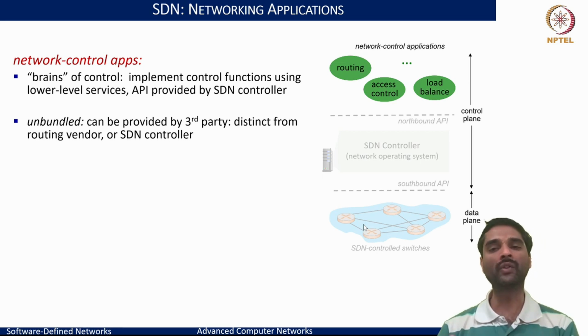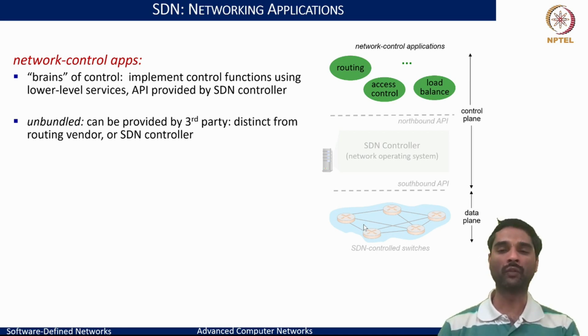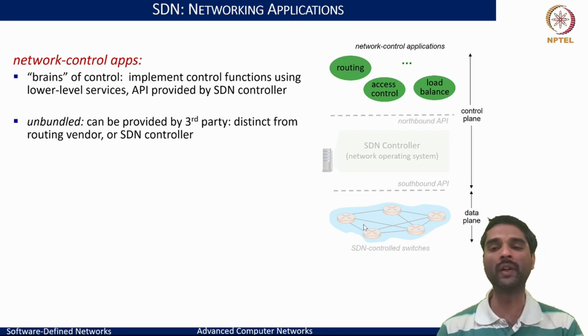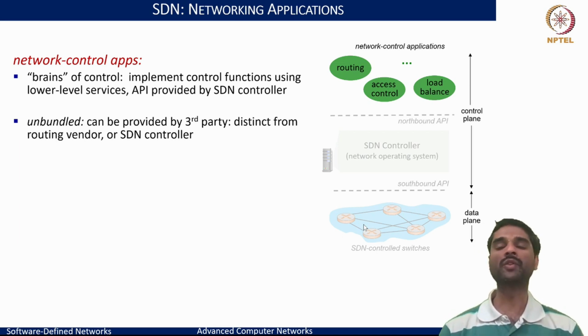So in essence, this also decouples the application provider, or in fact, if you put the researchers in this space, researchers would now be decoupled from worrying about what are the hardware characteristics through which we need to develop the network applications. Do I need to look at the spec sheet of a Cisco router or Arista router and see how I should build the application? Now that's not necessary.